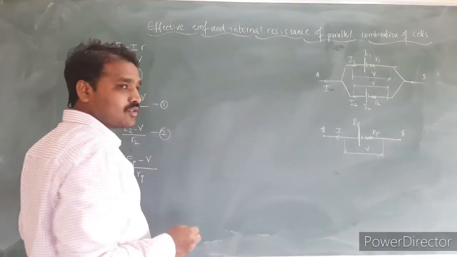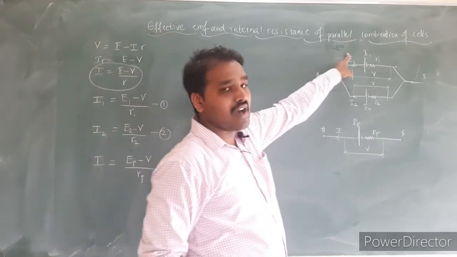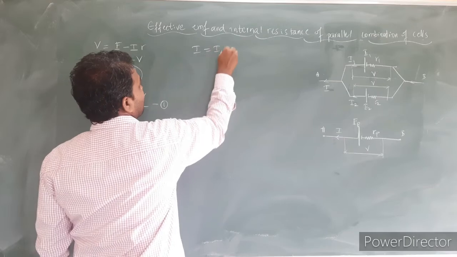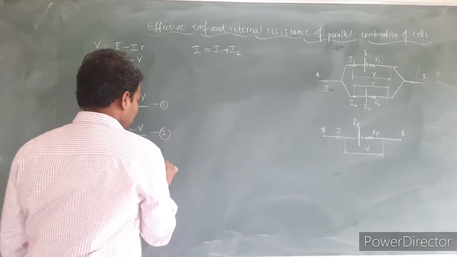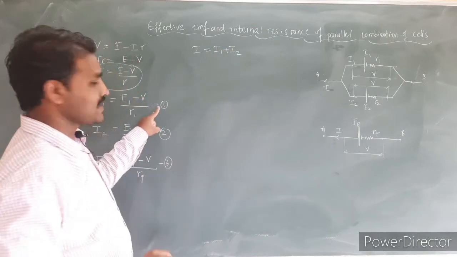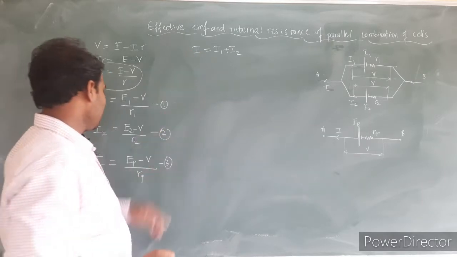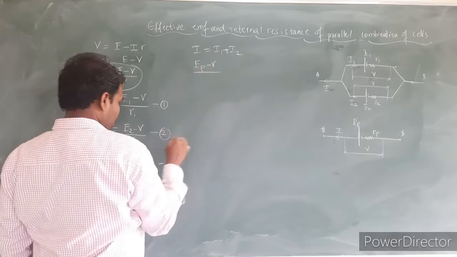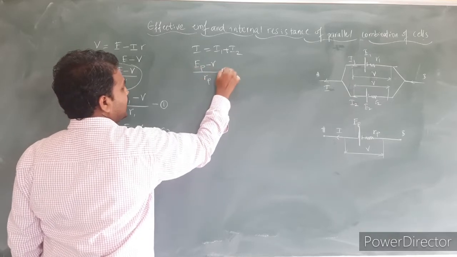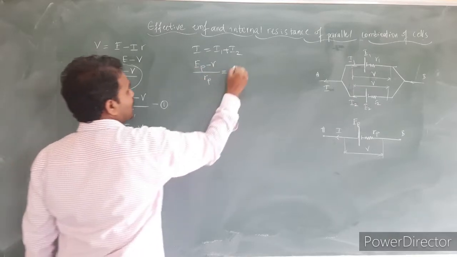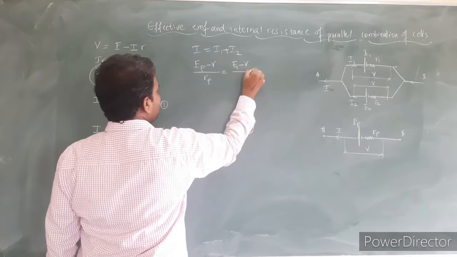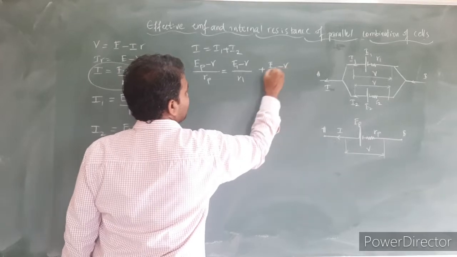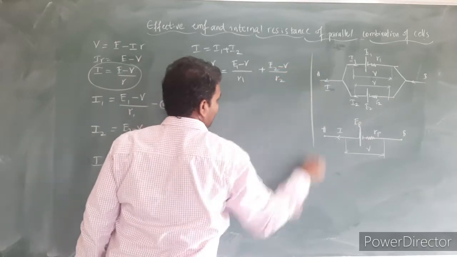We know the total current I is the sum of I1 and I2, so I is equal to I1 plus I2. Let this be equation number 3. Substituting equations 1, 2 and 3 in this equation, I can write EP minus V divided by RP is equal to E1 minus V divided by R1 plus E2 minus V whole divided by R2.